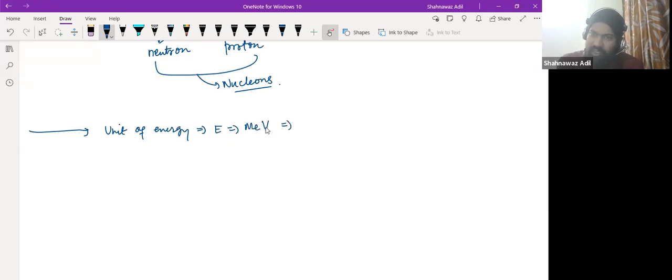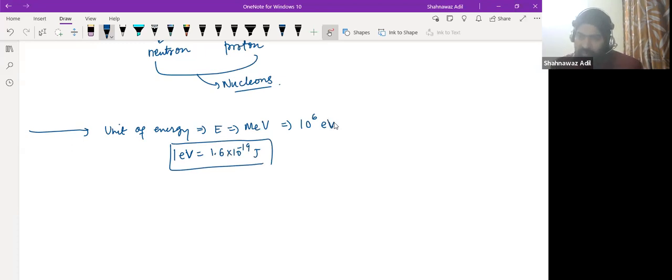So how much is a mega electron volt? Mega is 10 to the power 6 electron volt, and you already know that 1 electron volt is 1.6 into 10 to the power minus 19 joules. So these are the units that we have to be very careful about. We will write all the energies in mega electron volt.